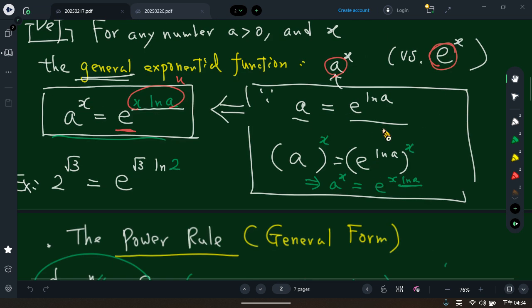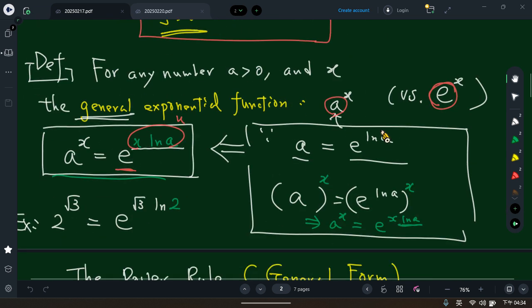At the same time, we also learned how to get the general exponential function. In the past, we just learned the exponential function, that means e to the power of x. But if we talk about the general exponential function, then we say the base is a instead of e.